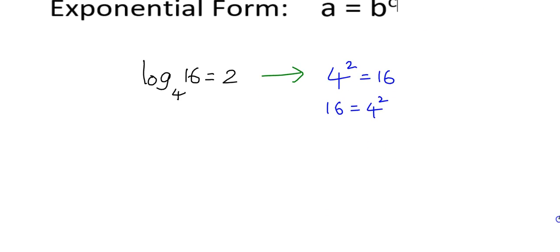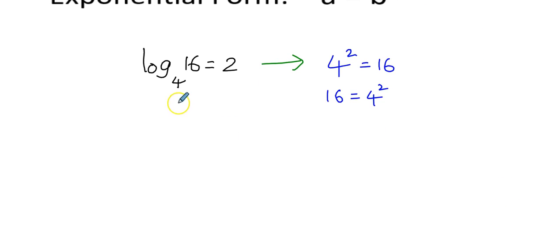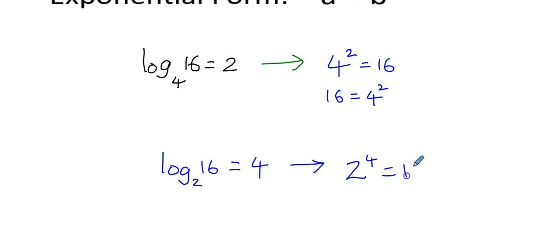The same 16, instead of taking base 4, I'll take log base 2 of 16 is equal to 4, because now change it into exponential form. 2 to the power of 4 is equal to 16.